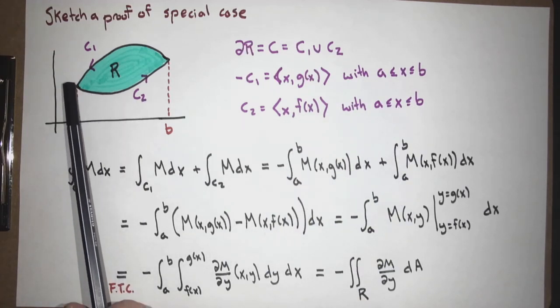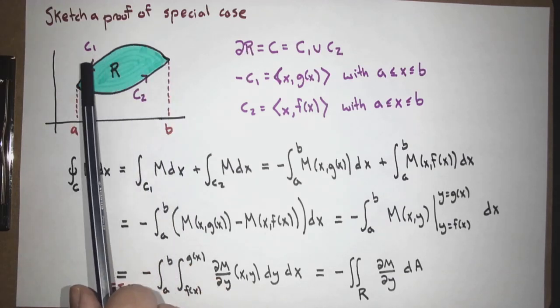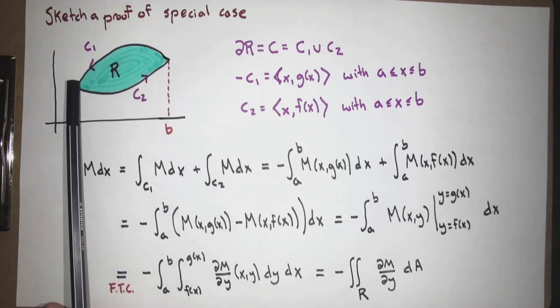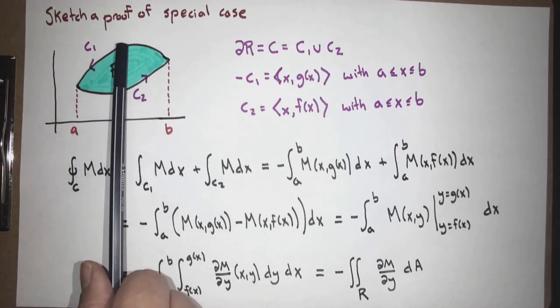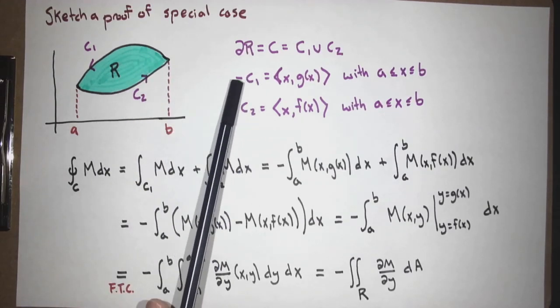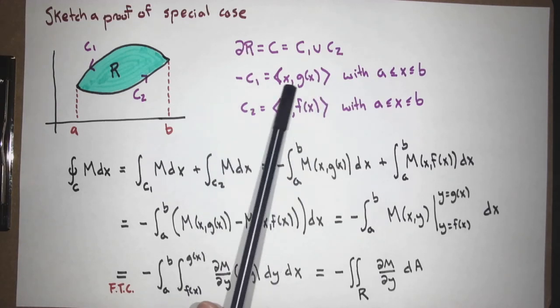There's also a function which describes the top curve. Now, the unfortunate thing here is that if x goes from A to B, then the parameterization is doing what? It's going the wrong way. That's why we throw a minus sign here, just to recognize this is the wrong direction with this parameterization.